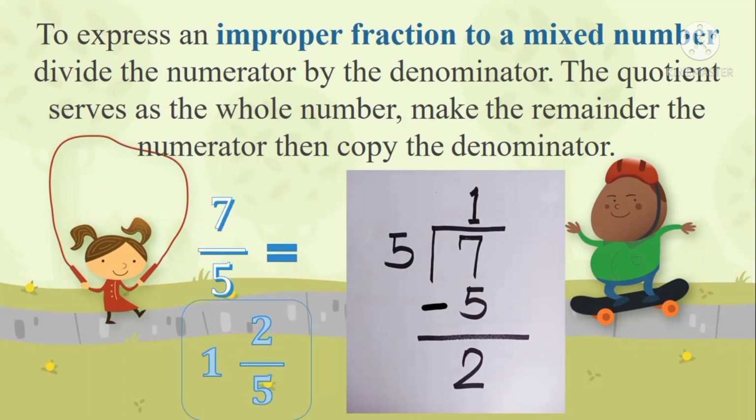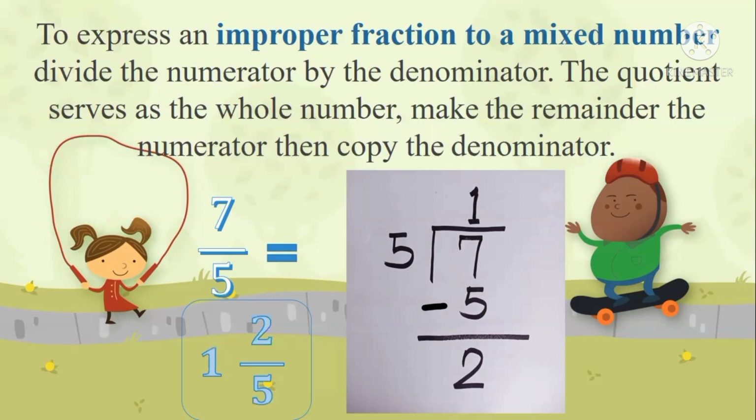So the quotient 1 serves as the whole number. And 2, our remainder, will make our numerator. And then copy the denominator, which is 5. So our improper fraction, 7/5, could be changed into a mixed number as 1 and 2/5.